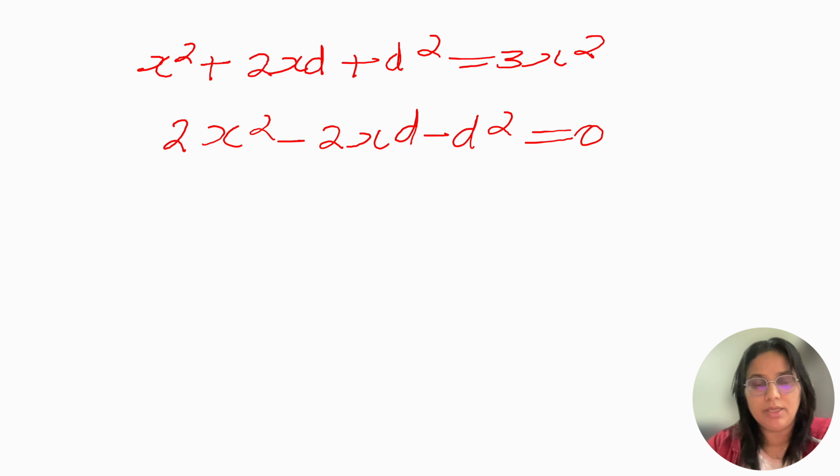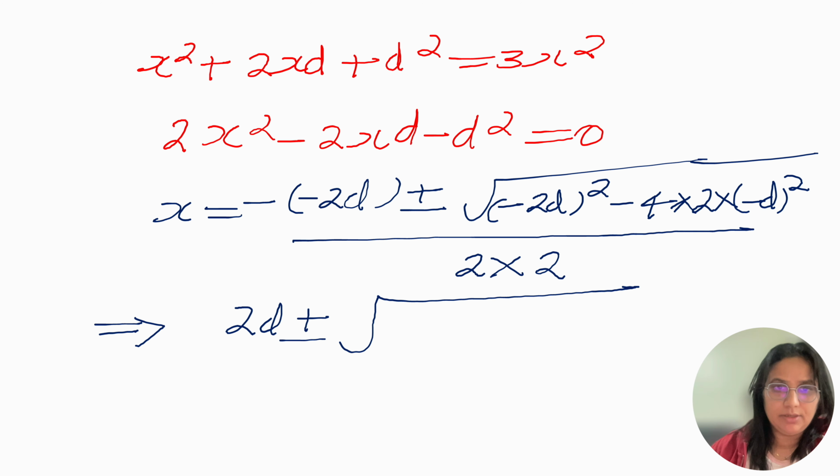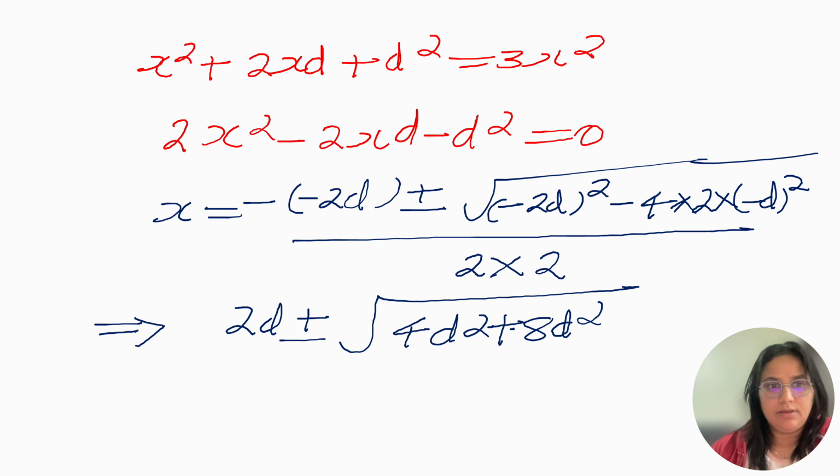So this is a quadratic equation. So you have to use the quadratic formula to solve this. x equals minus of minus 2d plus or minus square root of minus 2d whole square minus 4 into 2 into minus d square, divided by 4. Now what do you get? 4d square, minus into minus becomes plus 8d square, divided by 4.